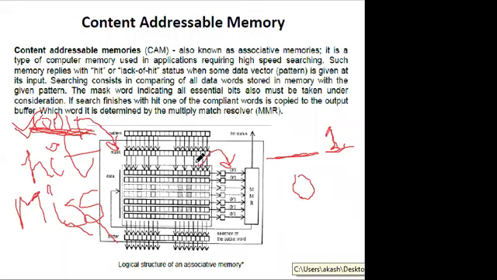So this has also been mentioned in this slide. Content addressable memories are also known as associative memories. It is a type of computer memory used in applications requiring high speed searching. So hit and miss operations are performed. When it finds the address which has been asked by the processor, it is considered as a hit.